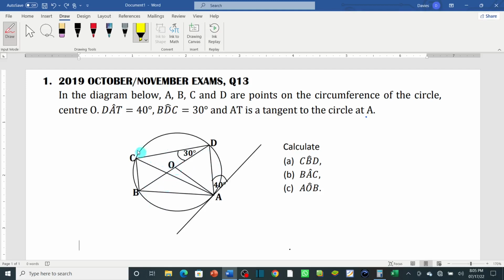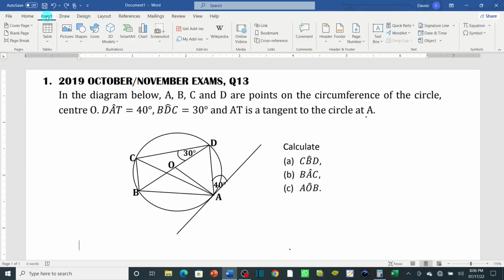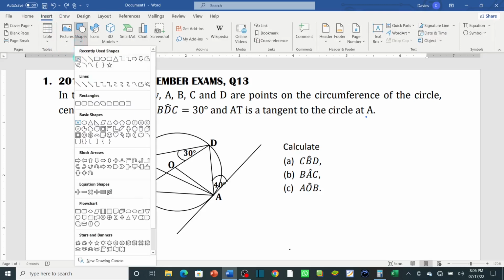Then they are telling us angle DAT. So we must have a T here which was not indicated. So let me just indicate the T somewhere. Okay, let's put a T here.